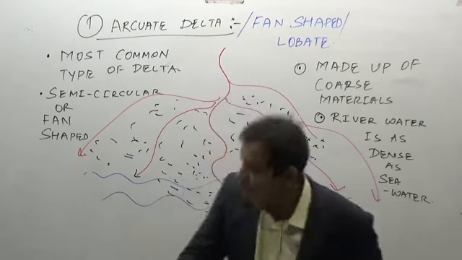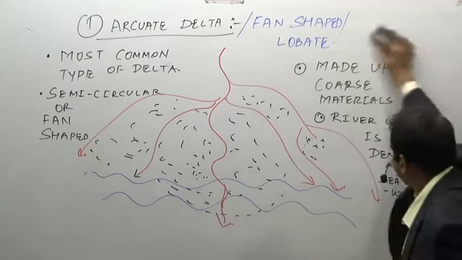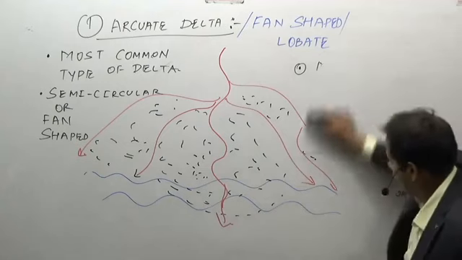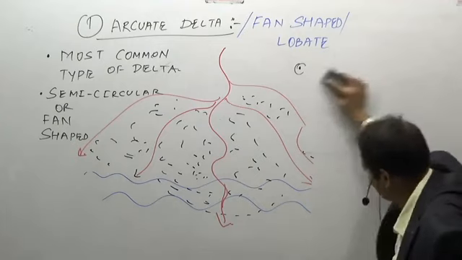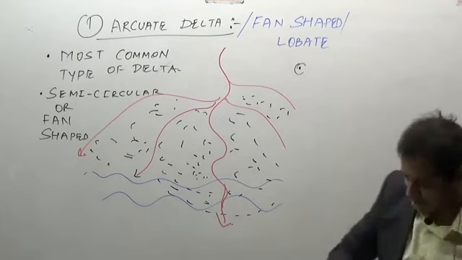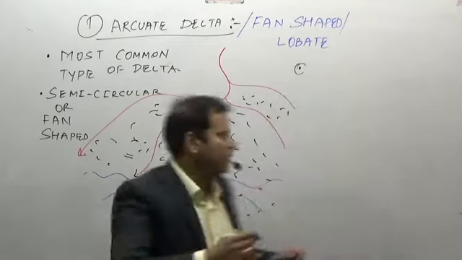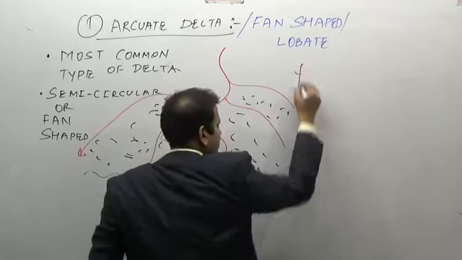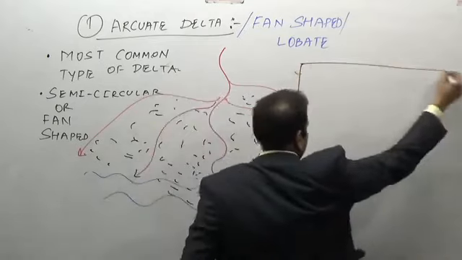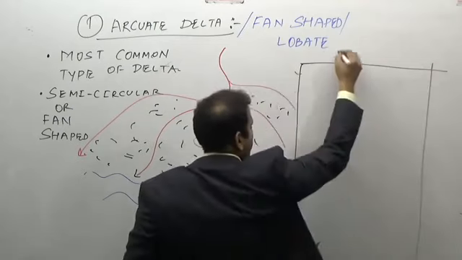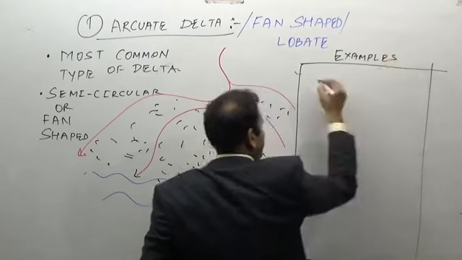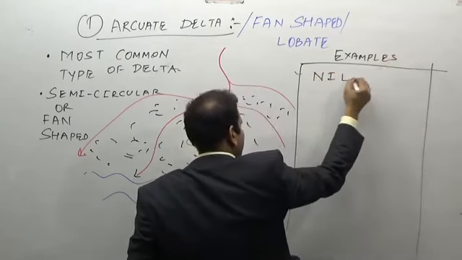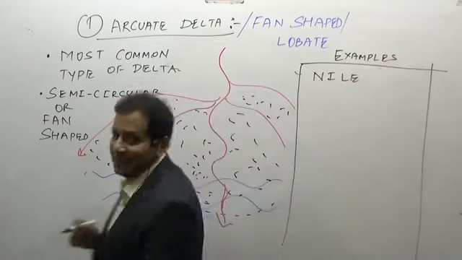The examples of this fan-shaped delta: River Nile, in Egypt.